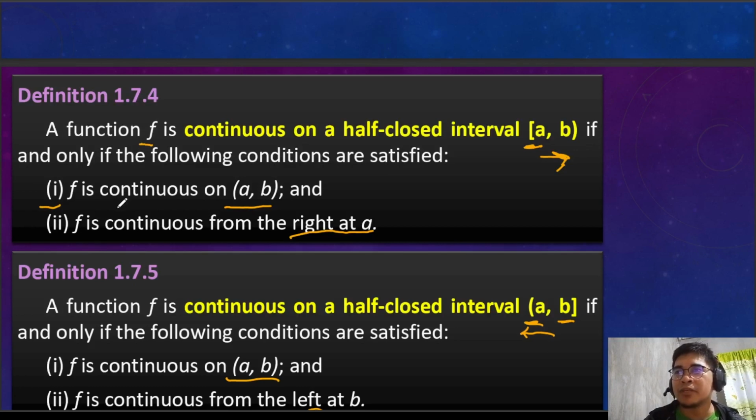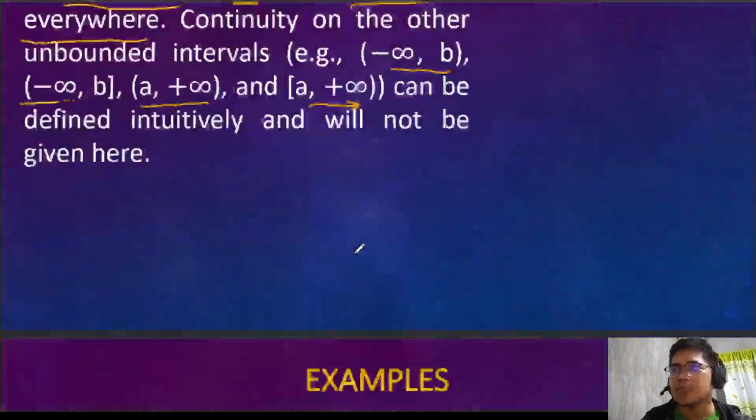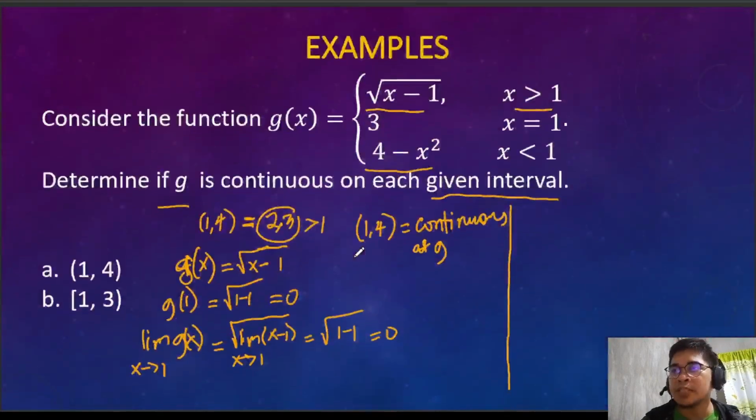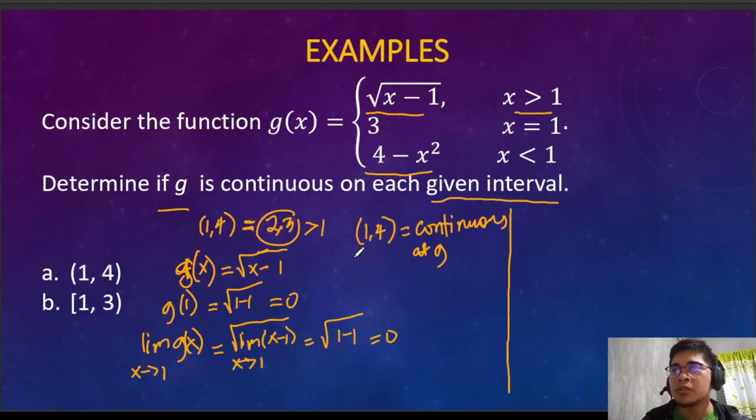First, f is continuous on the open interval A and B, and then f is continuous from the right at A. So here we need to satisfy those two conditions to determine if this is continuous. And we need to find the limit of g of x and our g of a.